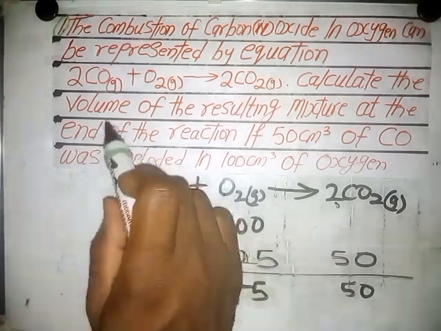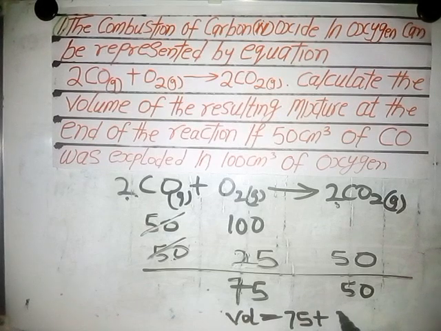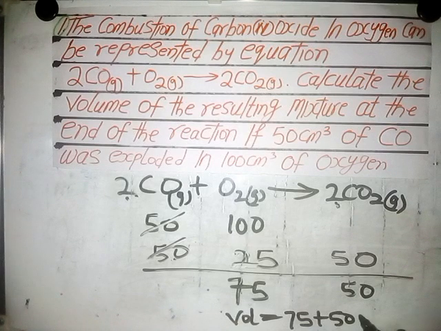So they say the volume of the resulting mixture will be 75 plus 50. That means you get 125 cm3. This is your final answer.